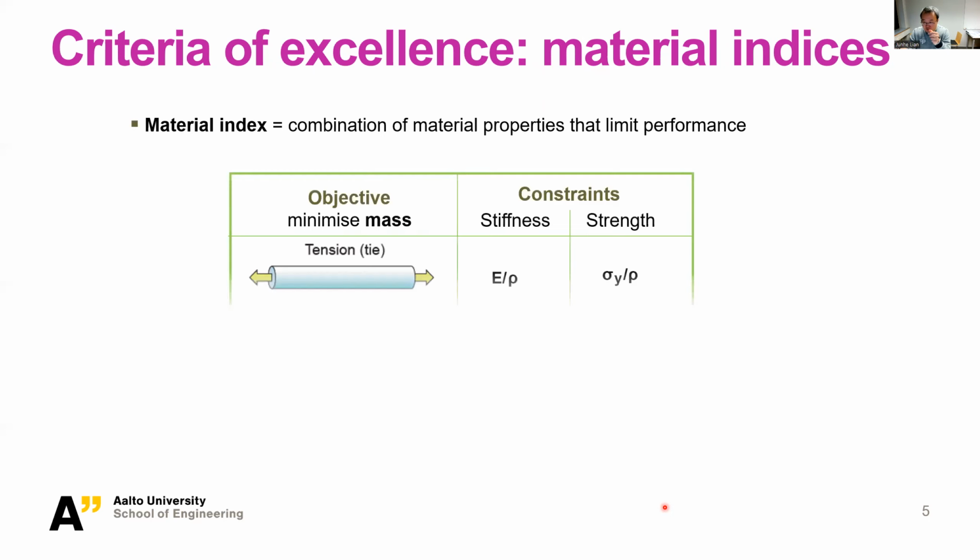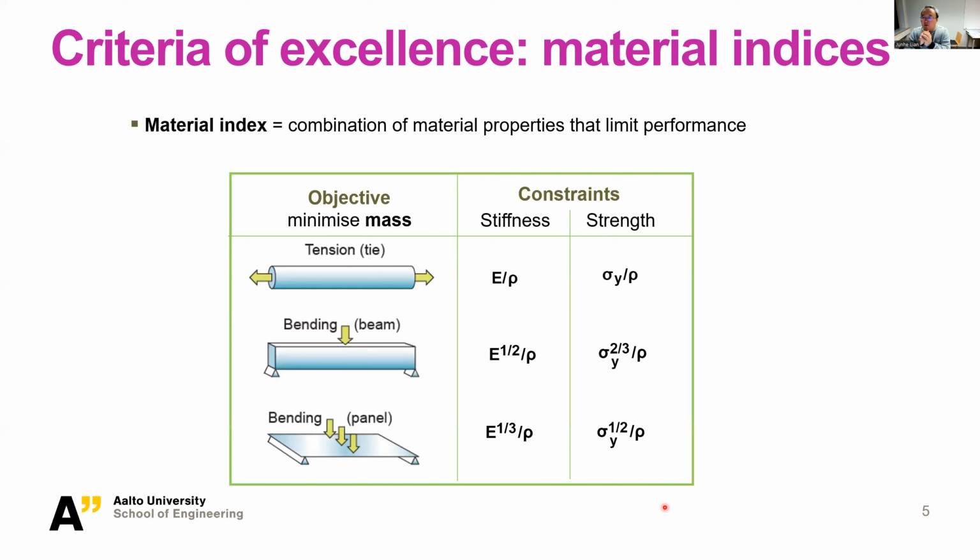But as you know, from our many discussions in the courses, the material index cannot be just a single one. We talk about stiffness or specific stiffness, because we always want to minimize the mass, or strength or specific strength, and so on.